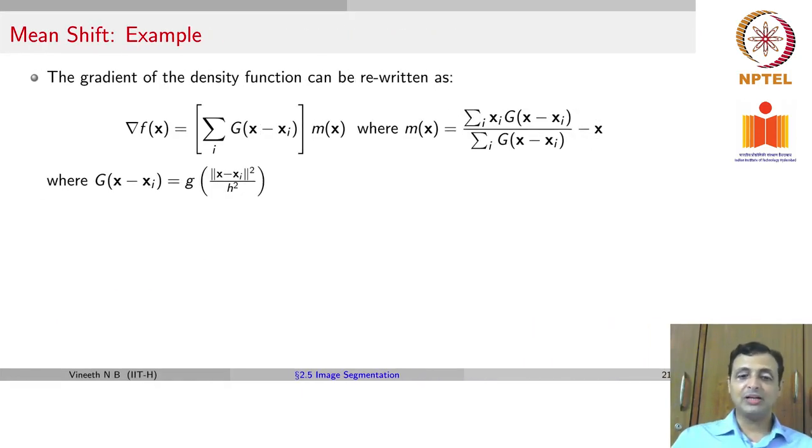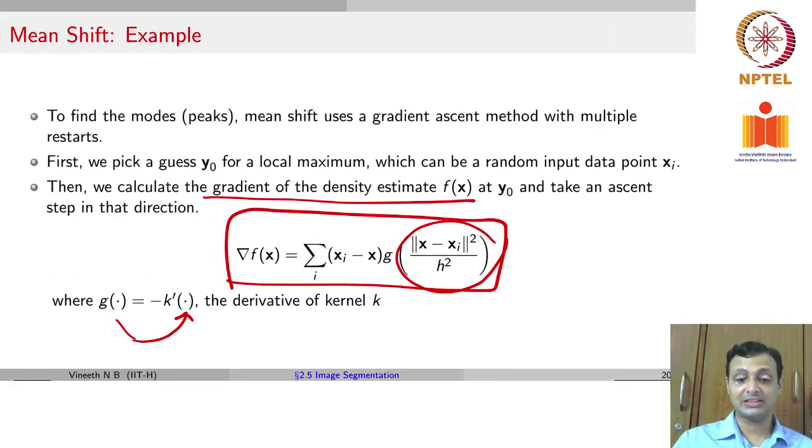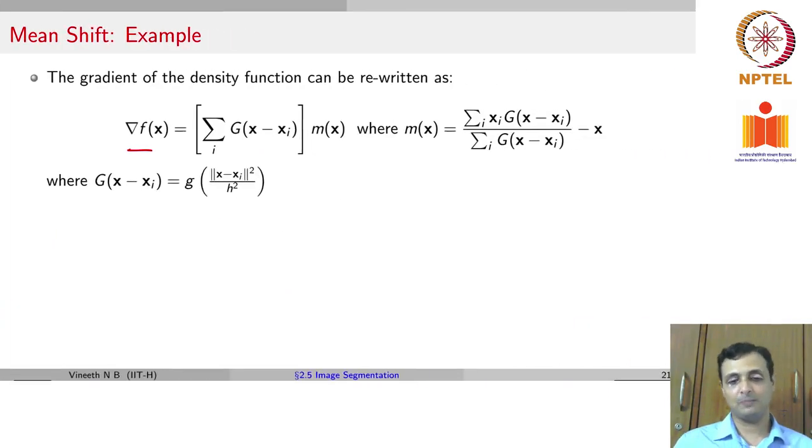The gradient of the density function can actually be written slightly differently. Let's see the previous slide. This was the gradient that we just had: xi minus x into g of the norm squared of x minus xi divided by h squared, where g is minus k prime, or the gradient of the kernel.